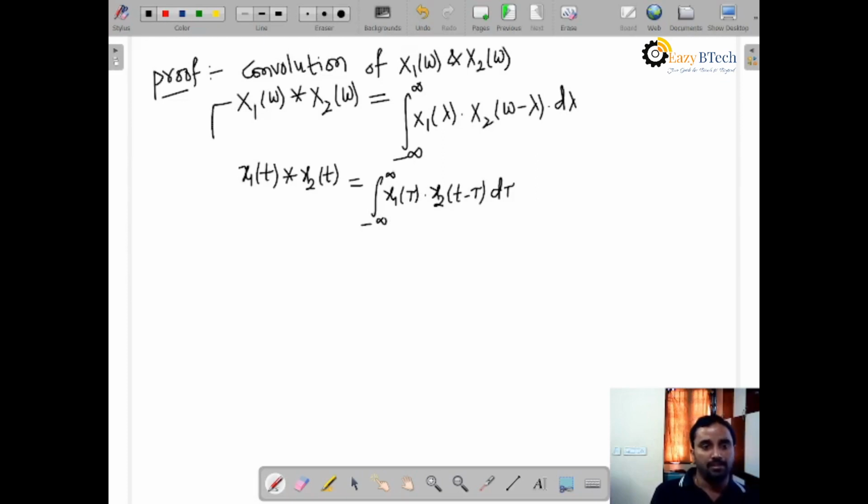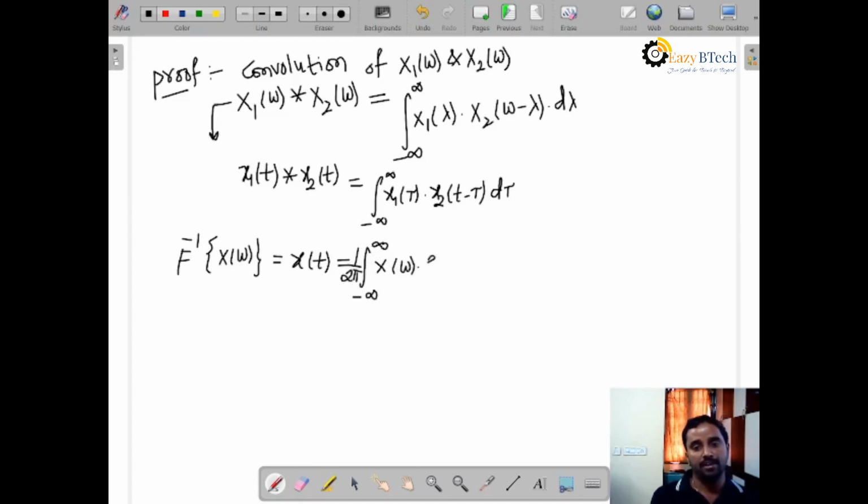So this we want, x1 of omega convolution x2 of omega, and we know the inverse Fourier transform of x of omega is x of t, equal to 1 by 2 pi integral minus infinity to plus infinity x of omega e to the power j omega t d omega. This is the inverse Fourier transform formula. So I am going to use this now.